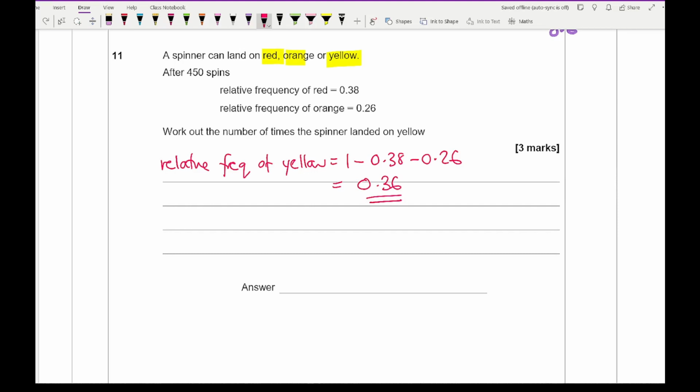So then to work out the number of times it's going to land on the yellow, it's the total number, which is 450, multiplied by the relative frequency, which I've just worked out, which is 0.36, and that gives me an answer of 162.